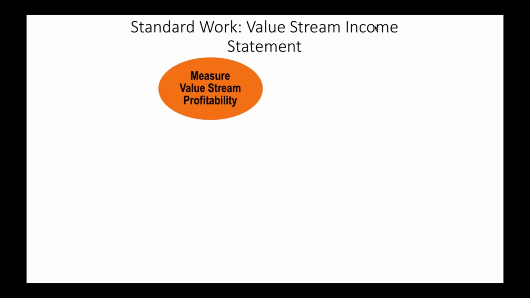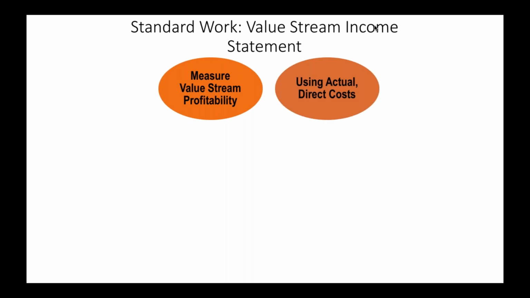Value streams are the profit centers of businesses, of lean businesses, so that's how we want to look at profitability. We really don't want to drive profitability analysis below the value stream level, because that's where you start getting into how do we assign costs to business units or certain product families, things like that.